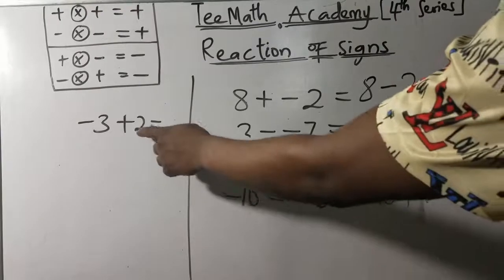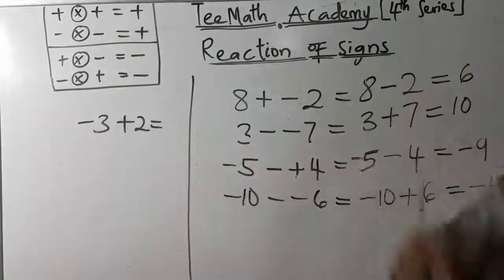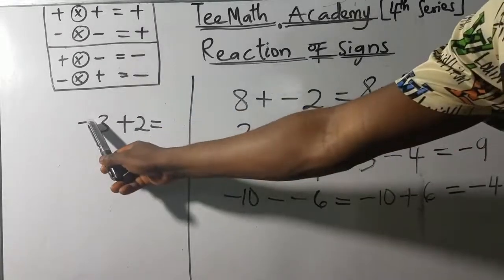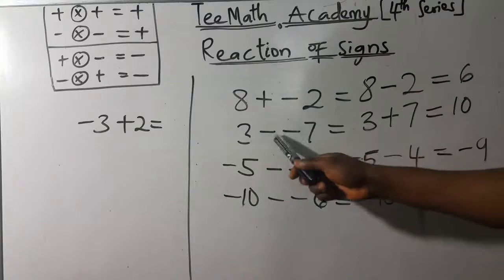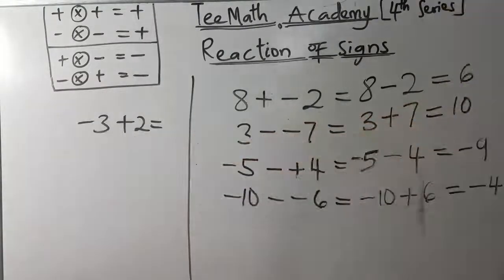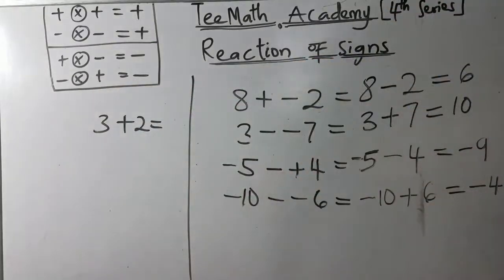Now, coming back to this one here, I have minus 3 plus 2. Like I said earlier, I cannot multiply these two signs together. This is the only condition, when they are very close. But these signs are not close. So it's as good as saying minus 3 plus 2. So why are you multiplying? I told you that all numbers have a sign.